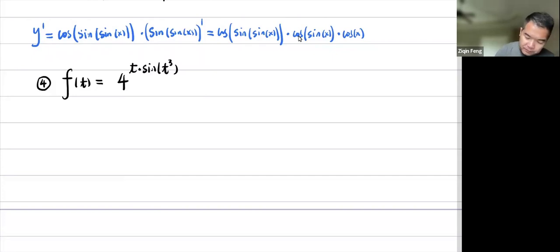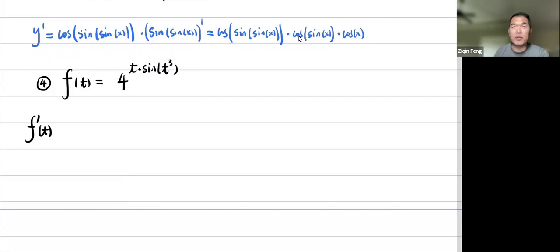And so f prime of t. What's the outer function? The outer function is 4 to something, 4 to a function of t. So we can apply the formula for differentiating an exponential function whose base is 4.